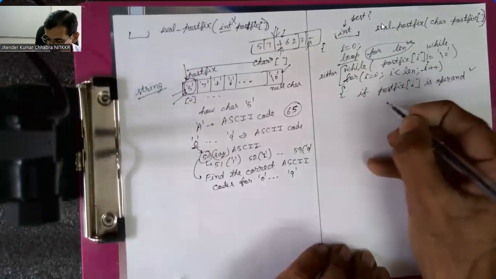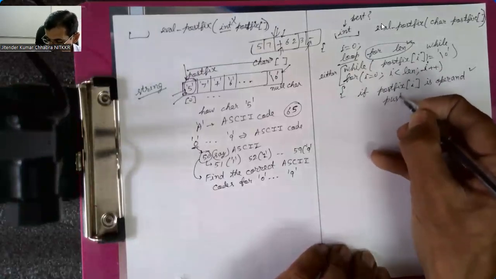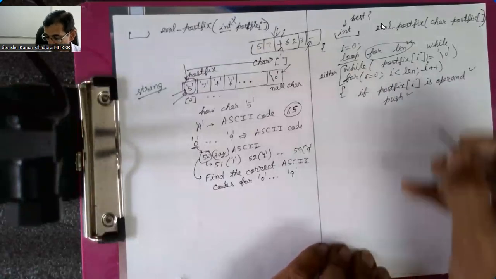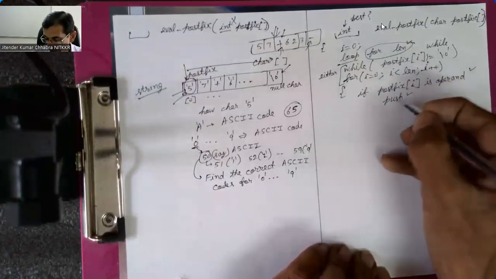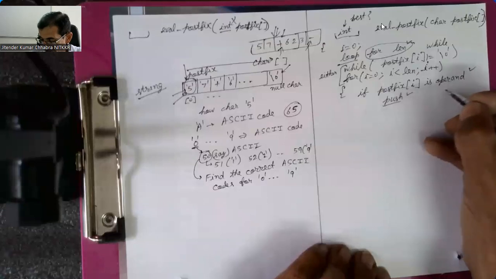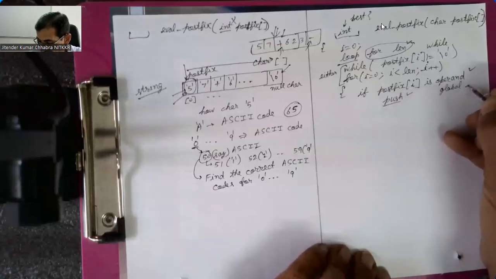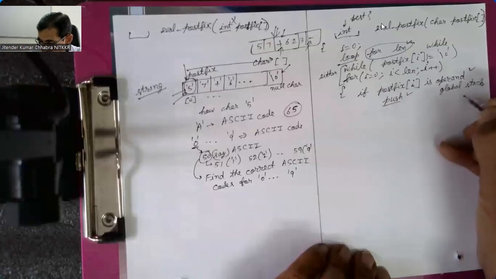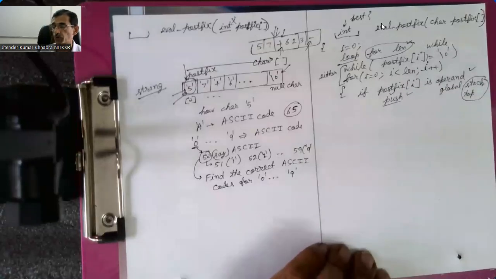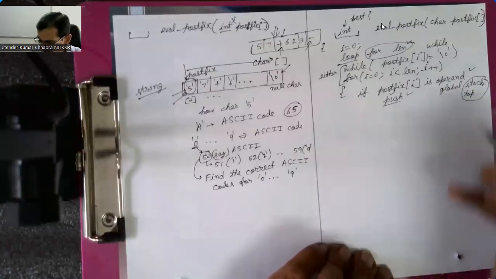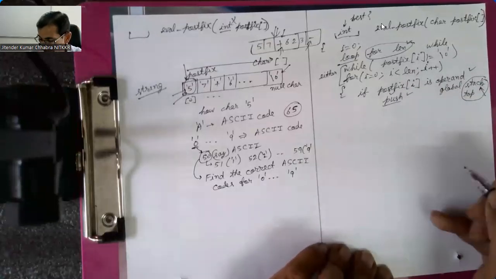If operand, what to do? Push. In this case, how to push? You have already done this. Use a global array stack, use top, and you can do that push operation. Stack of what data type?